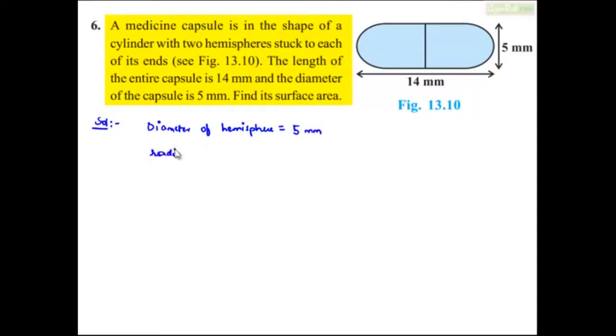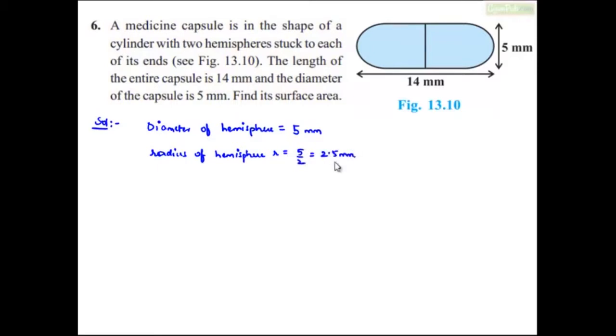So now the radius of hemisphere r is equal to d by 2, that is 5 by 2, which is equal to 2.5 mm. Now the total length of capsule L is equal to 14 mm, given.